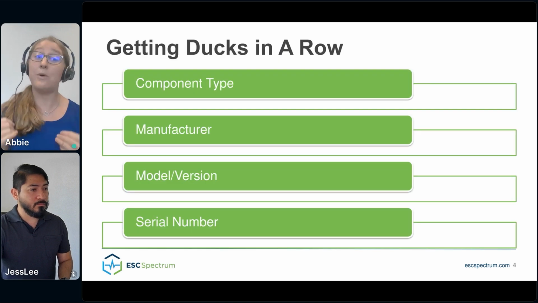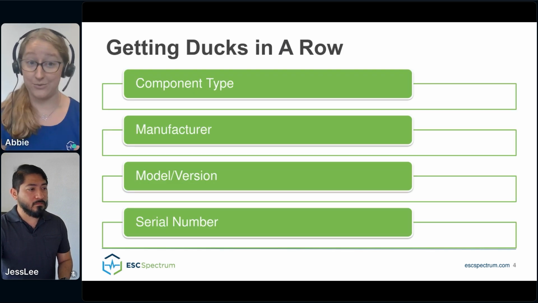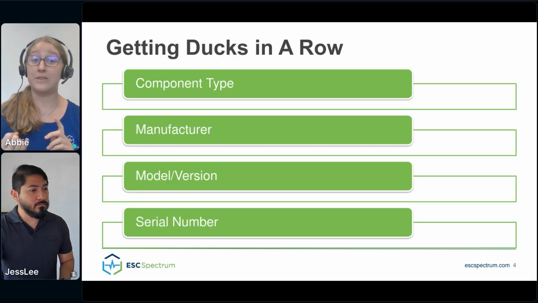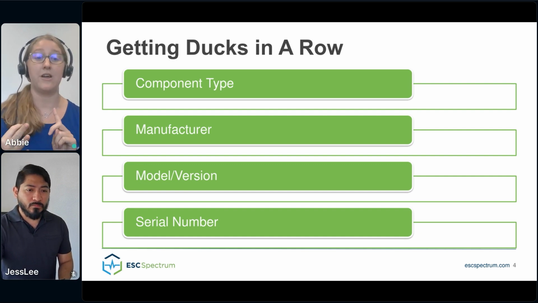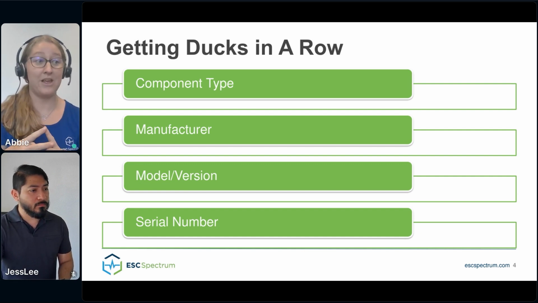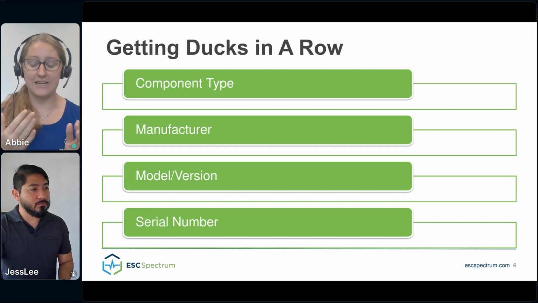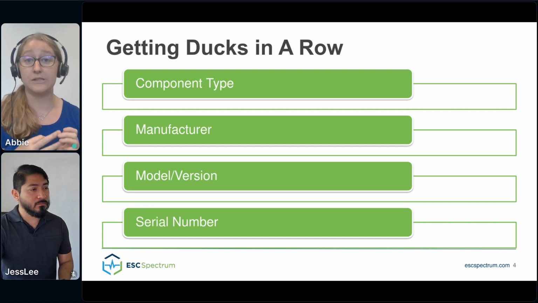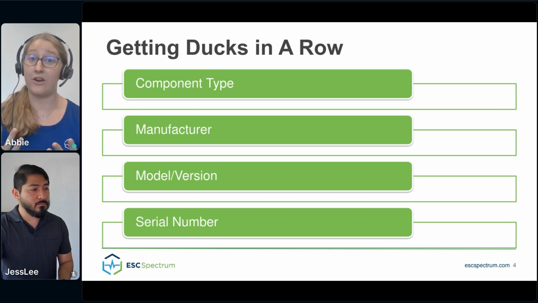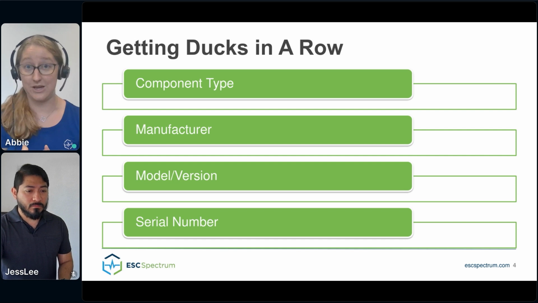Moving from there, we want to make sure we get all of our ducks in a row. We want to make sure we know what the component type of the new analyzer is, the manufacturer, the model version, and our serial number. As I previously stated, we typically use 3 tools to generate our EDRs. We use the ECMPS, StackVision, and StackStudio.